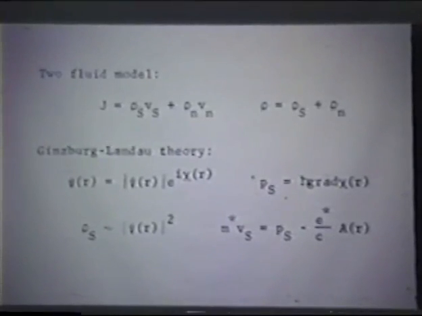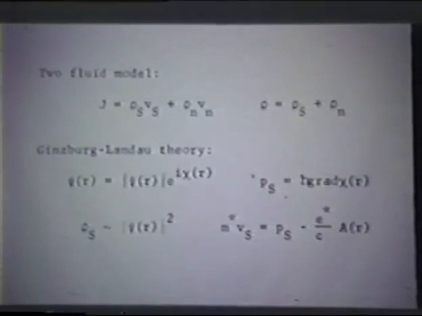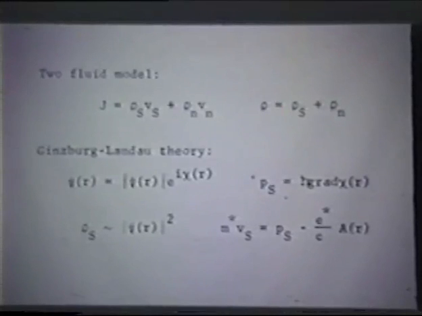The equations in terms of the 2-fluid model are similar, but the superfluid velocity is given by the canonical momentum, which is the one which is related to the wavelength, and the vector potential, which describes the magnetic field.